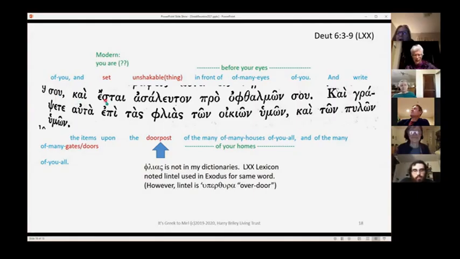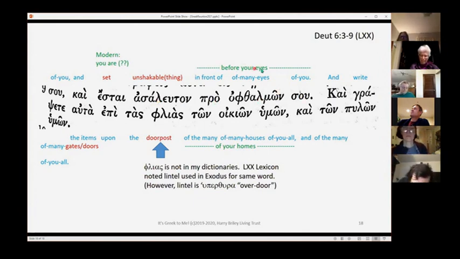Of you, and estai is, I want to say, is or exists. This one's a tough one. This word here is unshakable. So put it not only on your hand, karos su, your hand, and set an unshakable thing in front of your eyes of you.